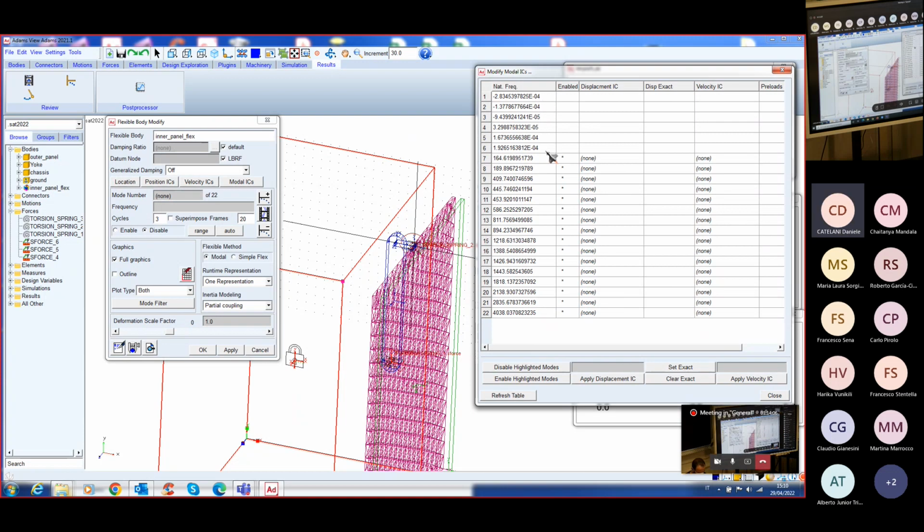The first 6, close to 0 of frequency, are rigid linear body modes, so they are deactivated because Adams uses its non-linear rigid body equations to evaluate the large displacement in the 3D space. If you use this linear description, also the displacements are linear, and you are not using a multi-body code, you are using another type of solution. So these modes must be deactivated.